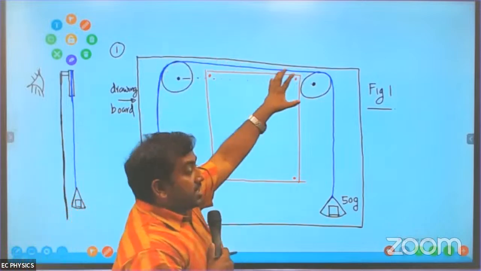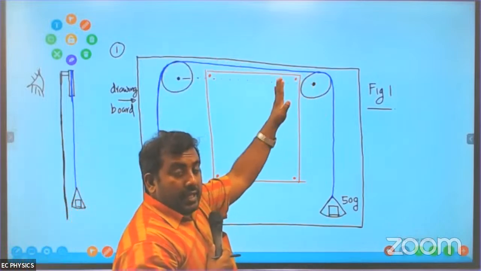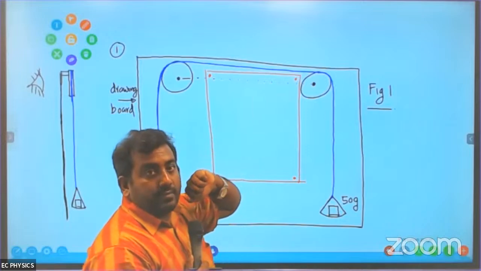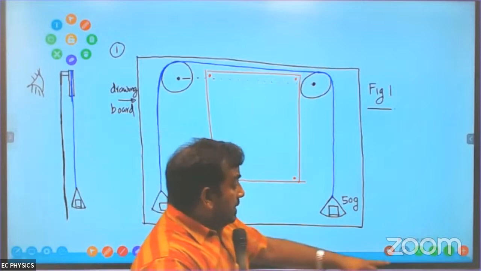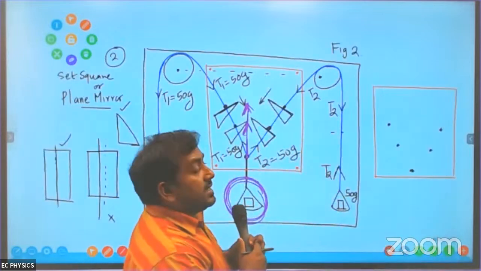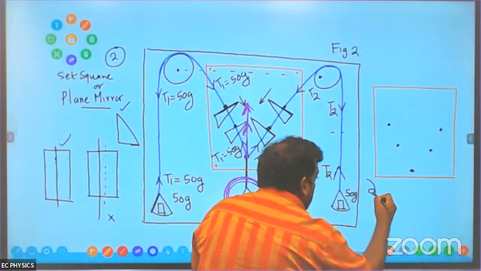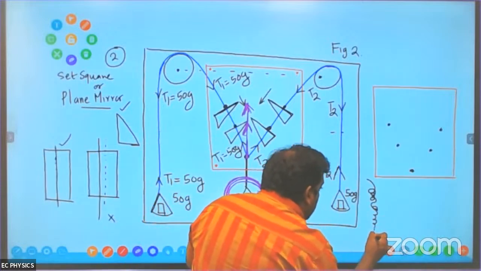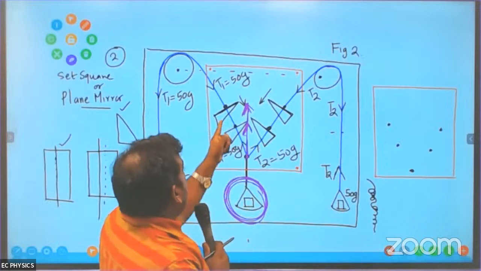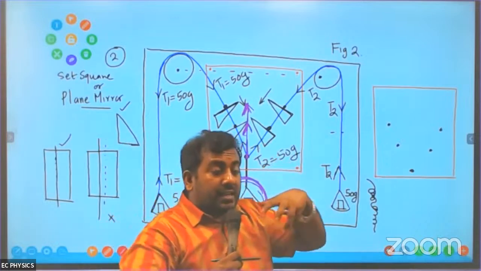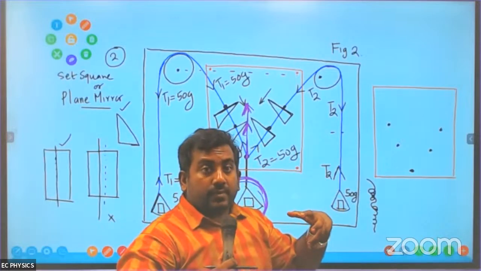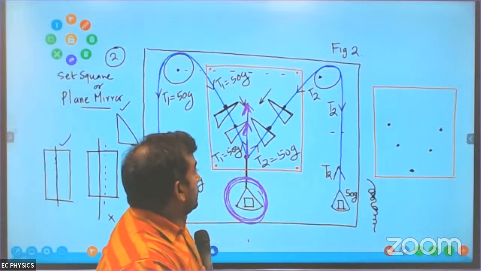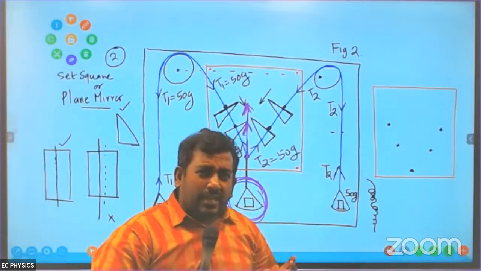Also, if there is friction in the pulleys, again the diagonal won't be vertical. Next, sometimes there are knots in the string. If there are knots in the string, tension suddenly releases. Tension will change. So those are generally the reasons.